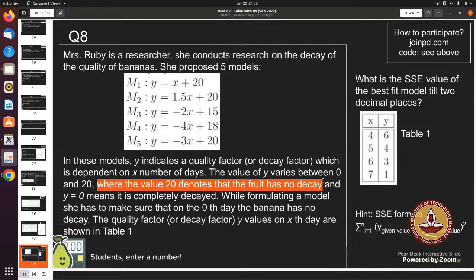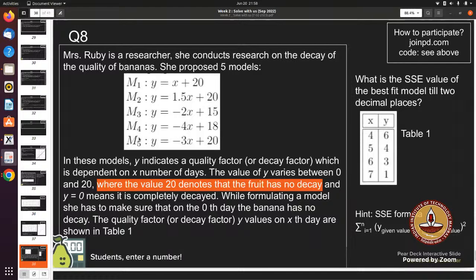That means at x equal to 0, the y value should be 20. Quality factor should be at its best at x equal to 0. But for M3, the y value at x equal to 0 is 15, so it cannot be the model. For M4, the y value is 18, so this is also eliminated.